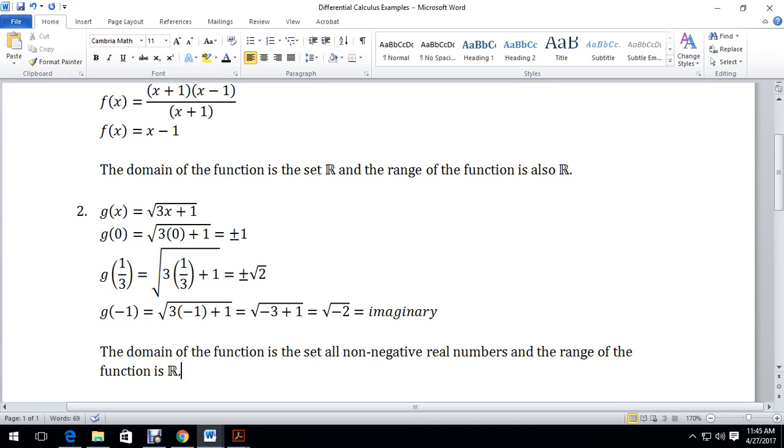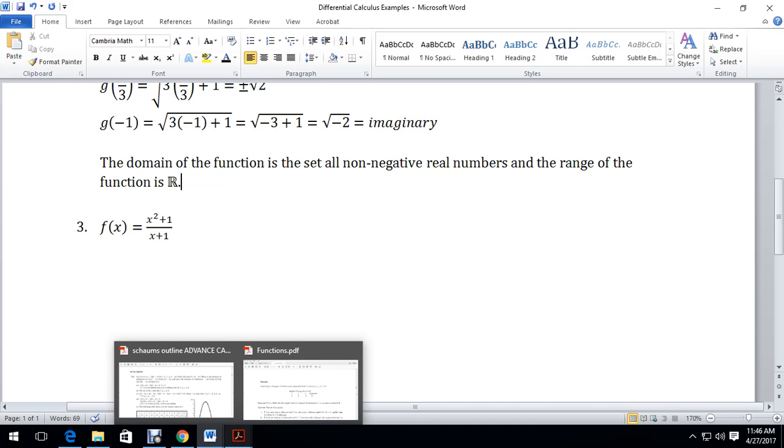Therefore, our domain is the set of all non-negative real numbers, while our range would be all elements in R. Why is it that the range of the function is R? Since the result is either positive or negative, then we can have actually the whole of R as all possible values of the result of g of x. So therefore, the range is R.